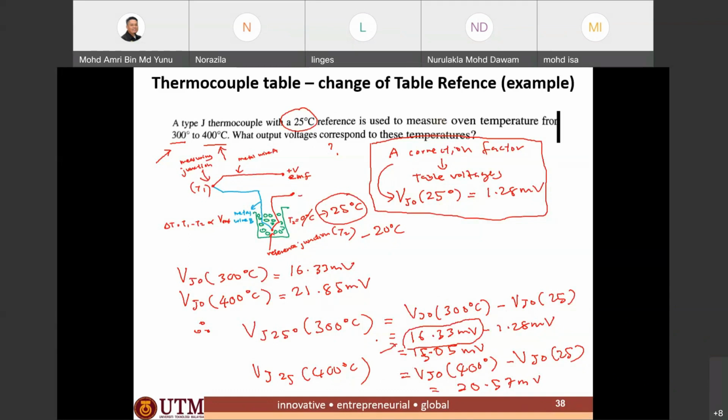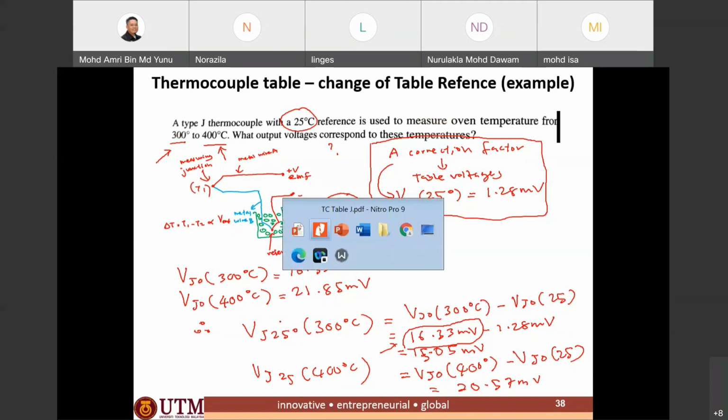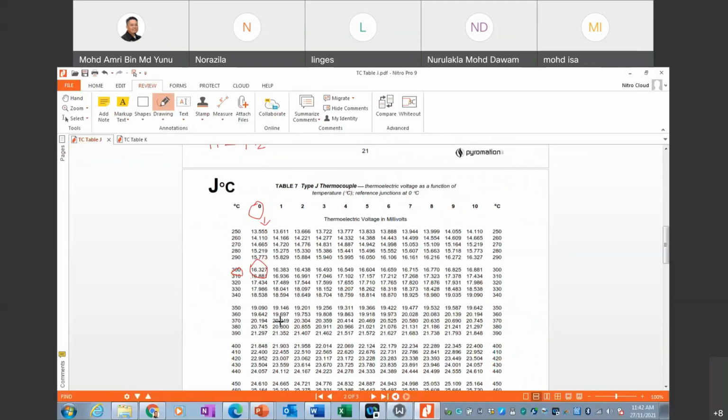Okay, so from the table, the output of T1 minus T2 at 300 degrees Celsius. So you go to the table. Basically you want to find the voltage at 300. What is the output when T1 minus T2 is 300?